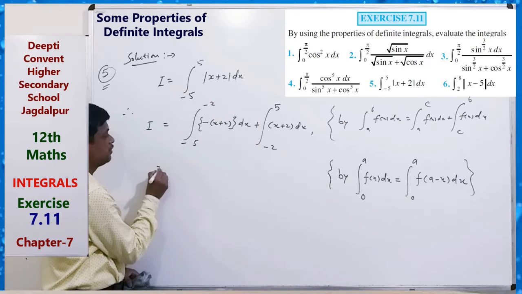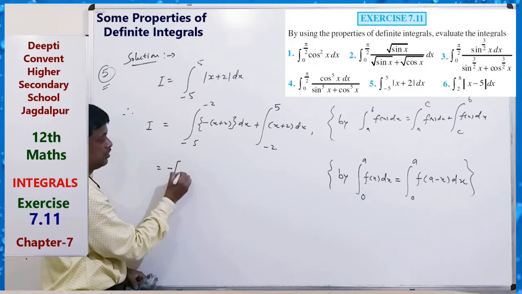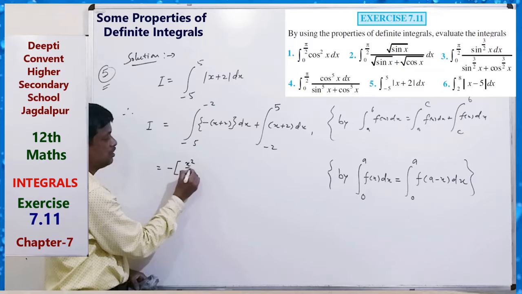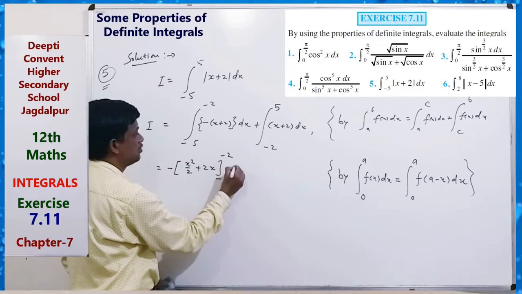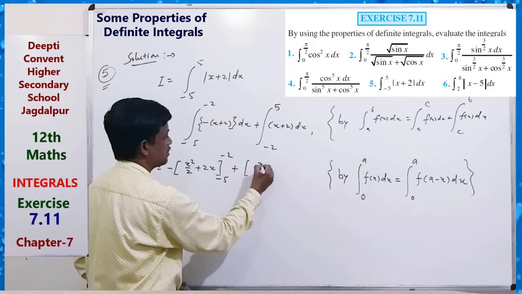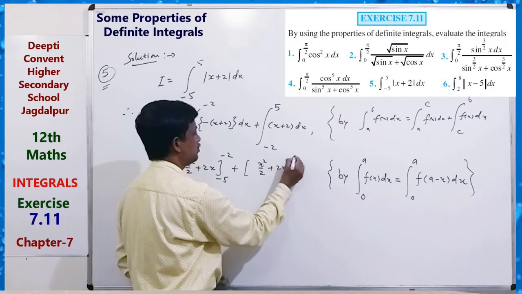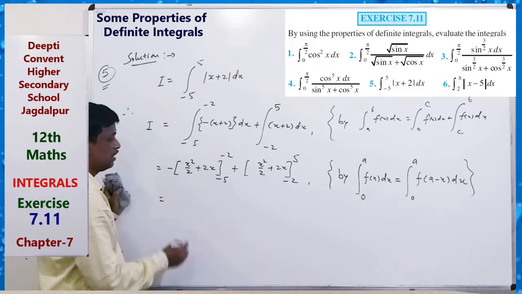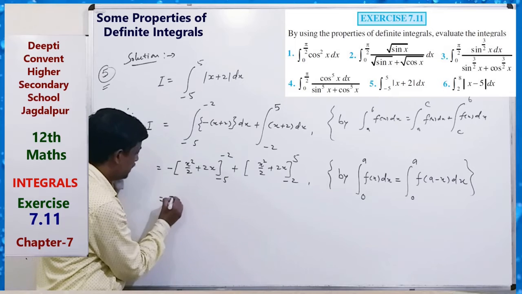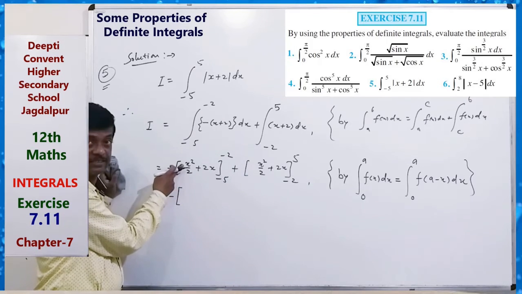So here the value: minus x square by 2 plus 2x, integral from minus 5 to minus 2, plus here x square by 2 plus 2x from minus 2 to 5. Now solve it, we can get the answer. So minus 5, minus 2 in place of x.